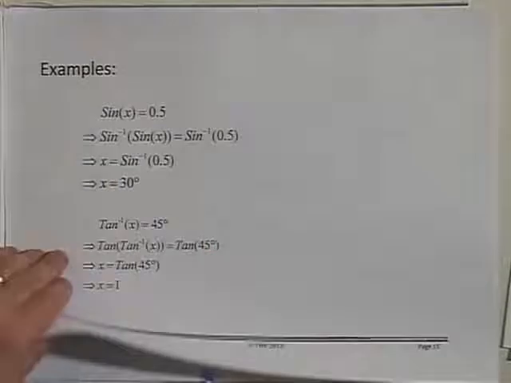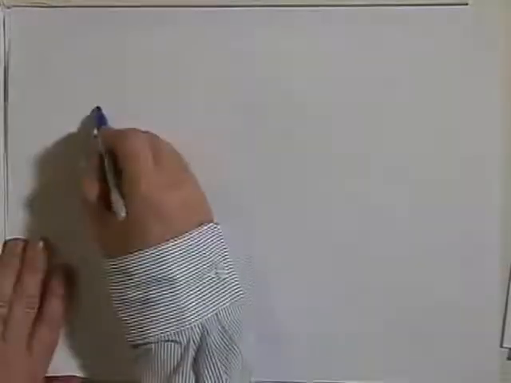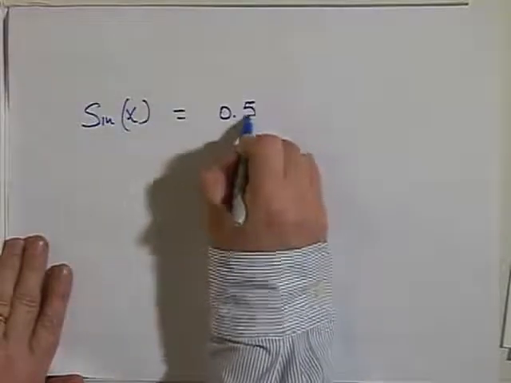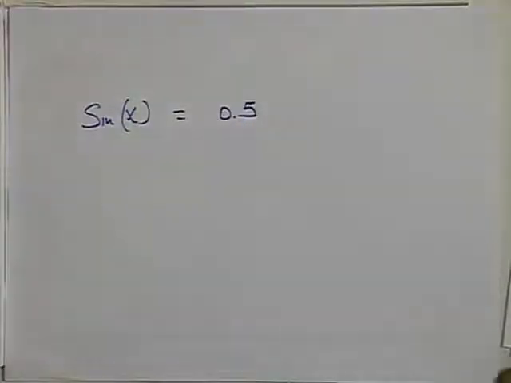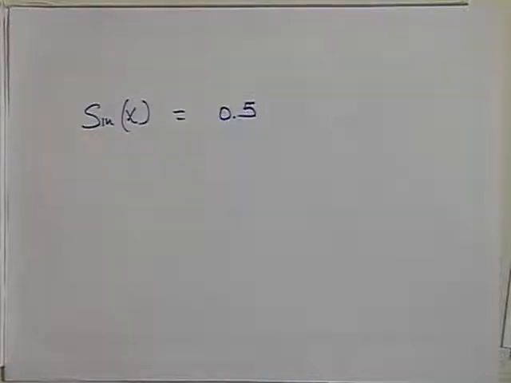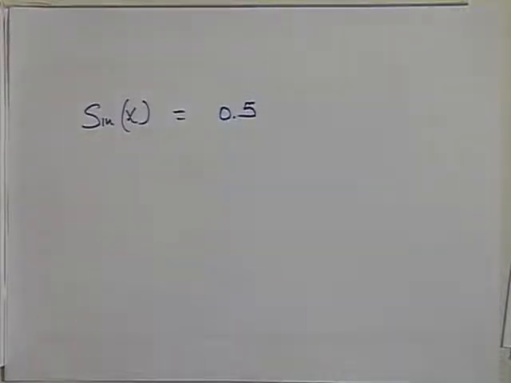So just imagine that somebody said here that sine of x is 0.5. What are we always doing with equations? We always wanted the x on the left-hand side, with nothing else around. We wanted it on its own, and the rest was just pure numbers on the right-hand side.